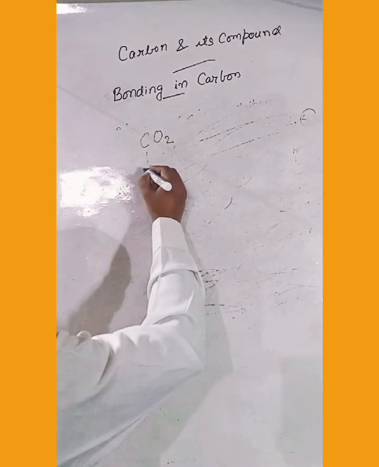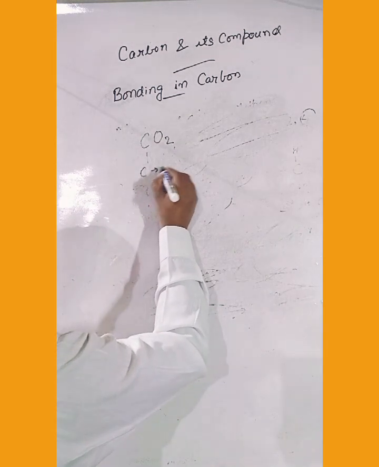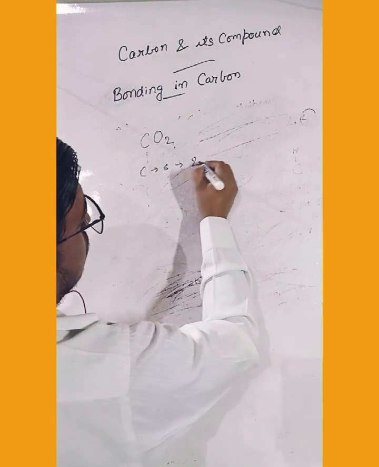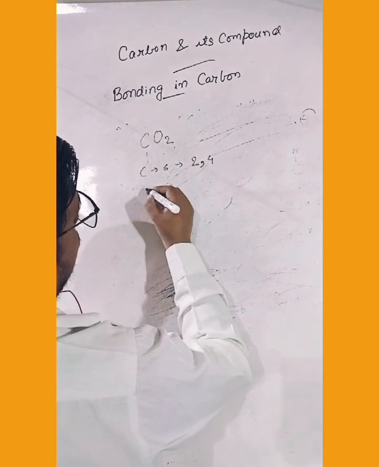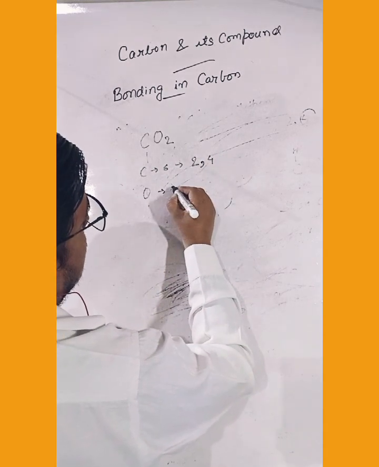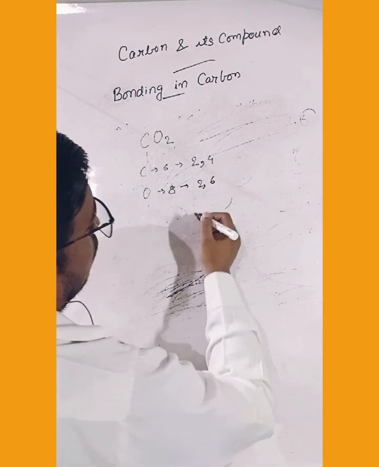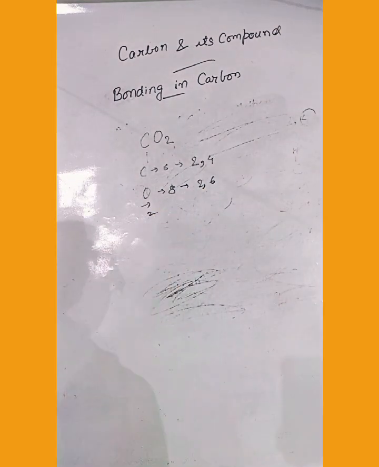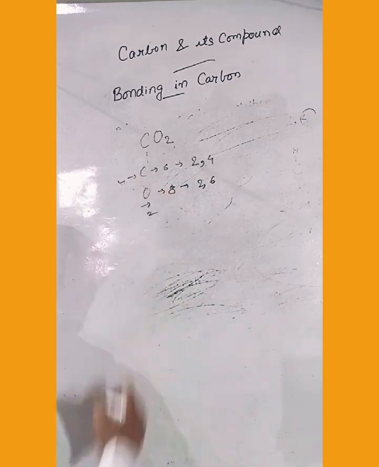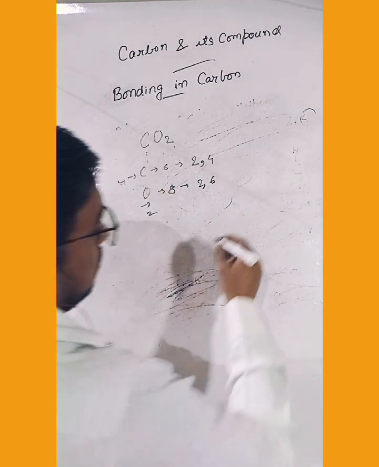As you know, carbon has atomic number 6, so its electronic configuration is 2,4, and oxygen has atomic number 8 and its electronic configuration is 2,6. So oxygen requires 2 electrons and carbon requires 4 electrons. So they are going to share.